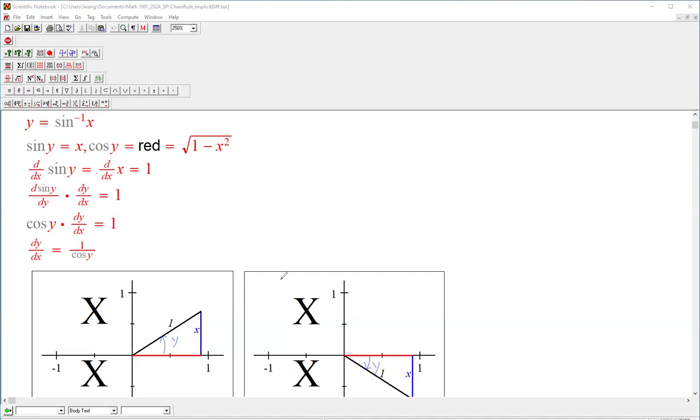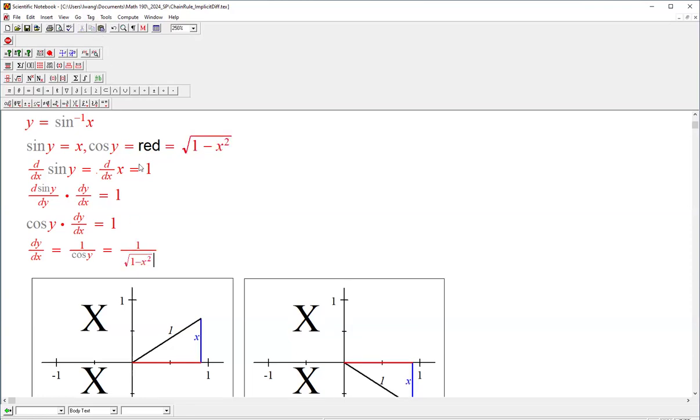So that's how we have derived the derivative of ArcSine. In the end, we complete this: it's going to equal 1 over the square root of 1 minus x squared.